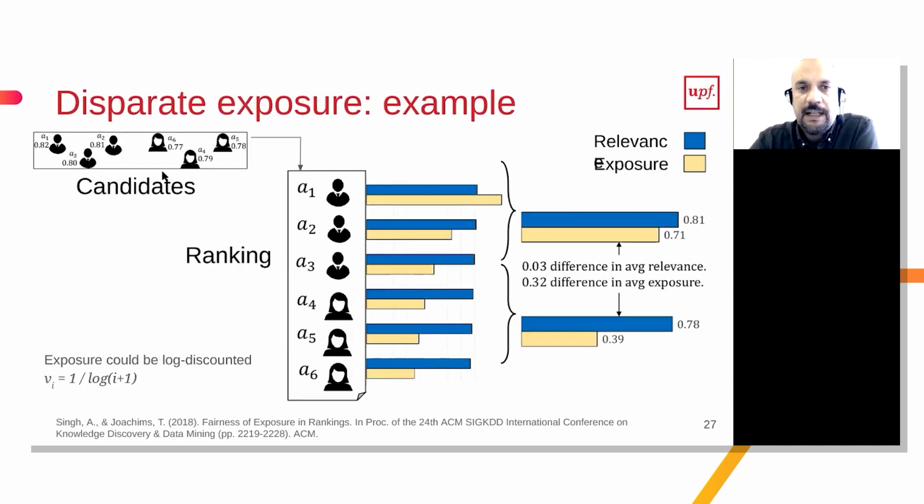Now, if you sort the candidates by decreasing score, the relevance decreases, like these blue bars. The relevance is decreasing very slowly along the list.